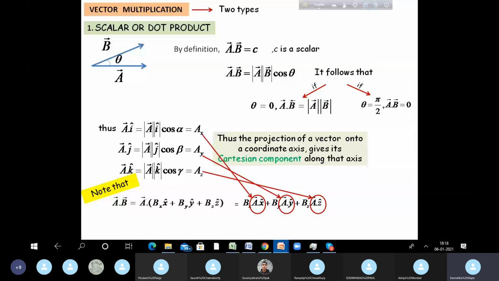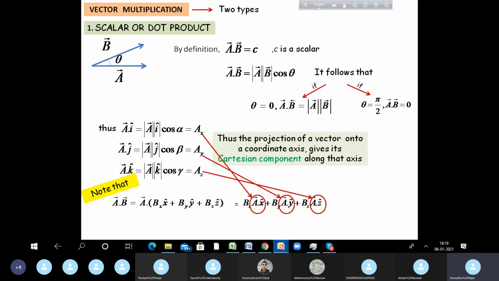We just now defined the components in that manner, and I hope you are not confused about why I have written i, j, k and x, y, z caps. Both mean the same. The meaning of i cap, j cap, k cap and x cap, y cap, z cap are the same.